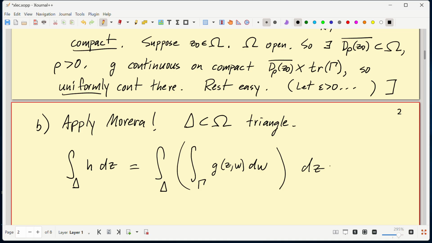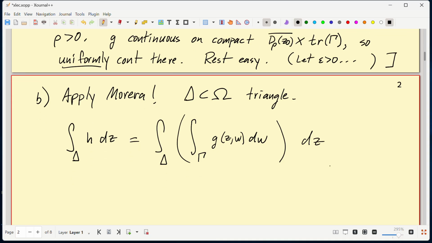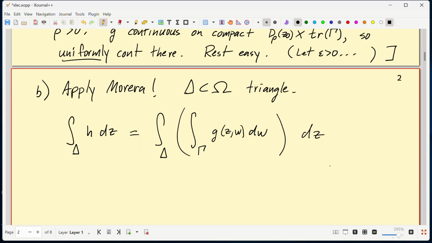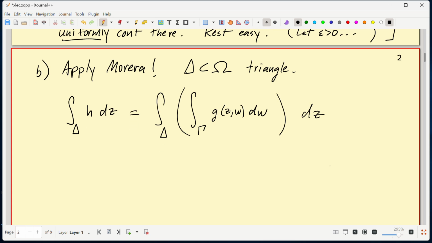And you can change the order of integration by Fubini's. So it's the most elementary version of Fubini's theorem on closed intervals and a continuous function on the underlying rectangles. Nothing fancy, no measure theory, just continuous functions.